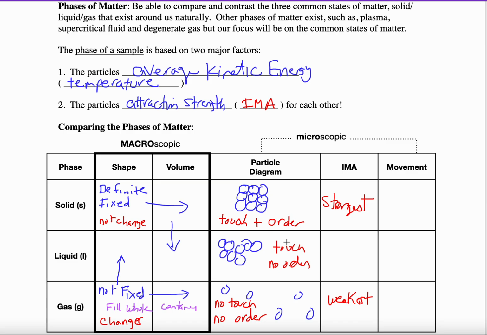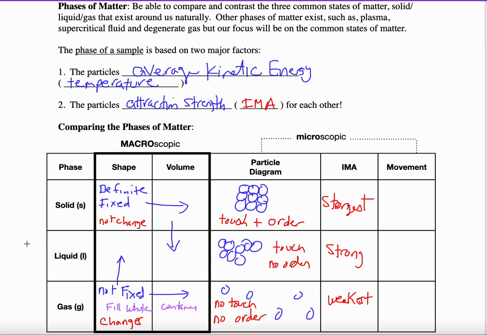Where liquid, its IMA strength has to be somewhere between how strong they are in a solid and extremely weak. So because the particles touch, the IMAs are relatively strong. So we will just write strong here. So strongest attractions between the particles making a solid, they're relatively strong in a liquid because the particles need to touch, but they are very, very weak in a gas.